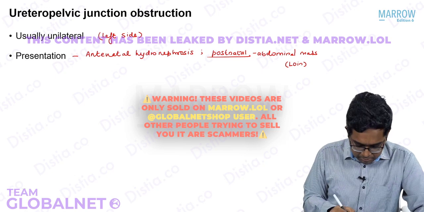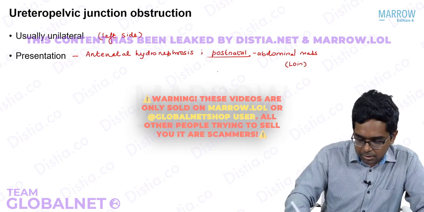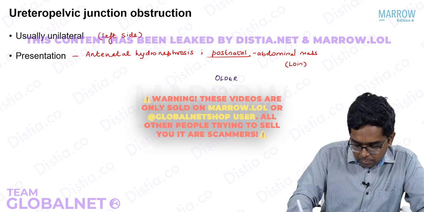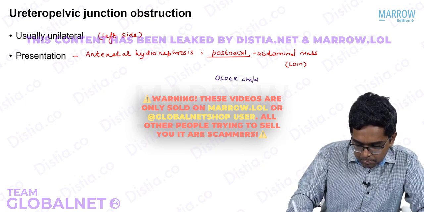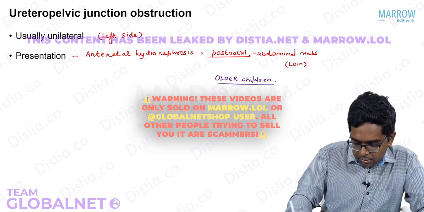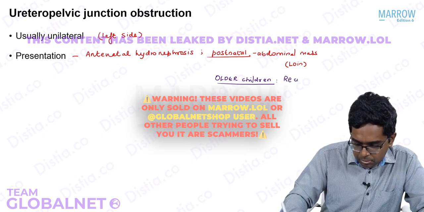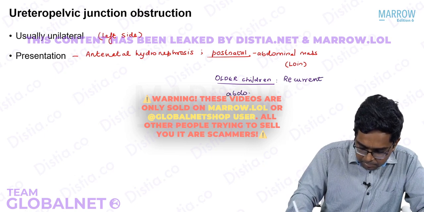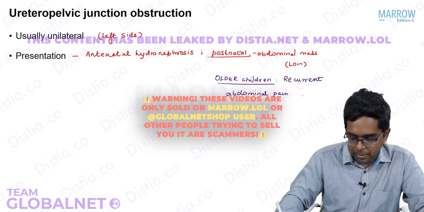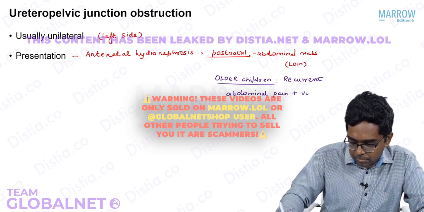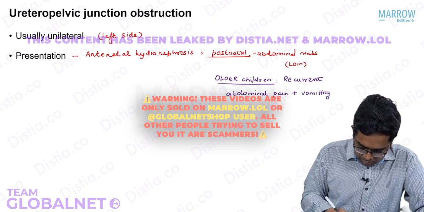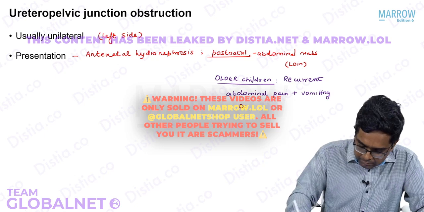And the next one is a relatively rare presentation which can be noted in older children, where they present with recurrent episodes of abdominal pain, same area, loin area abdominal pain, along with episodes of vomiting. And this is what is called the Dietl's crisis.